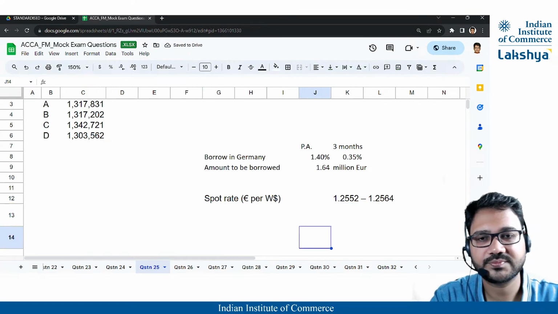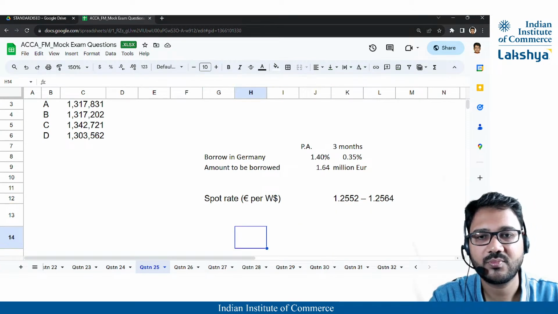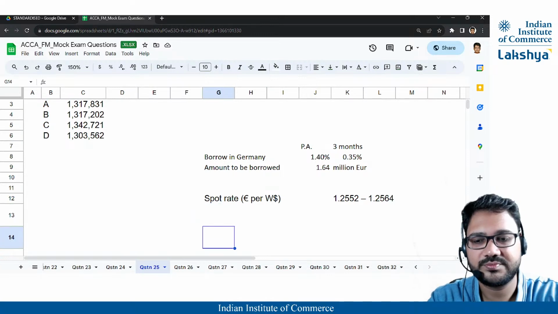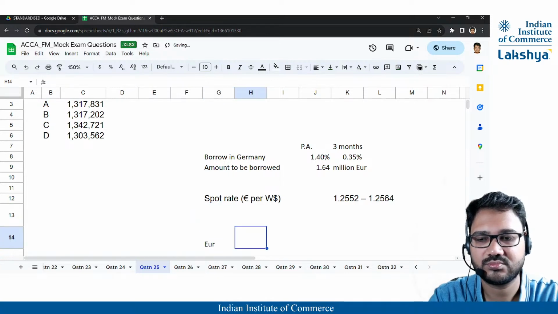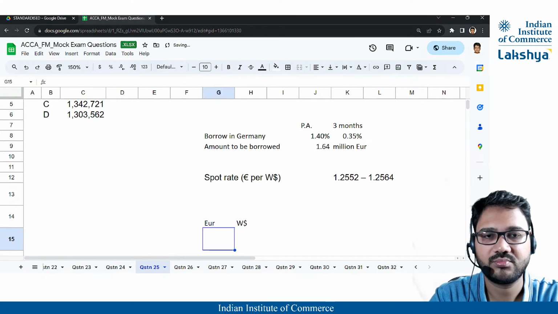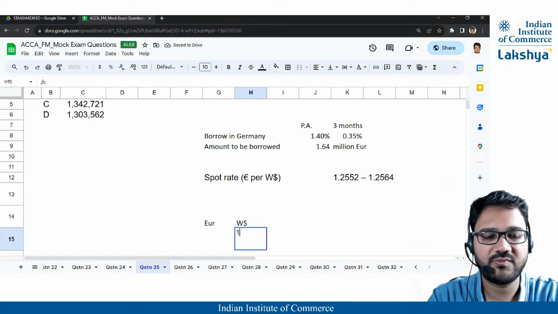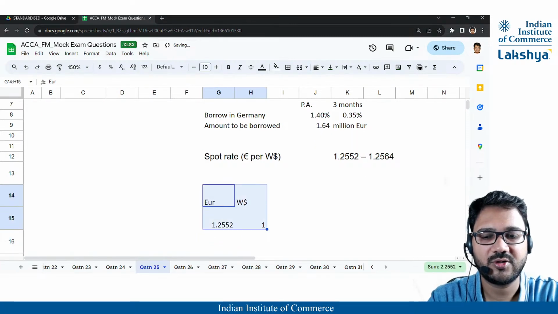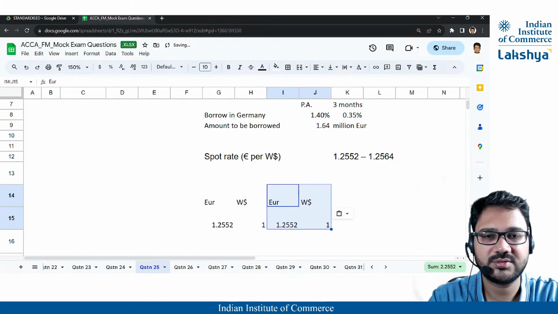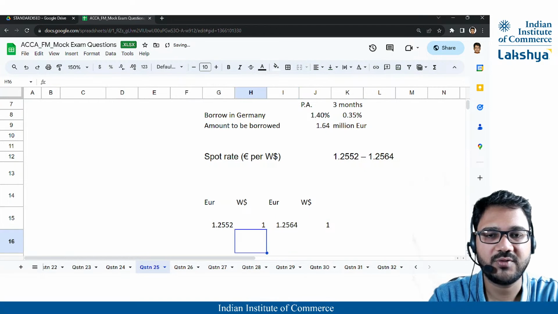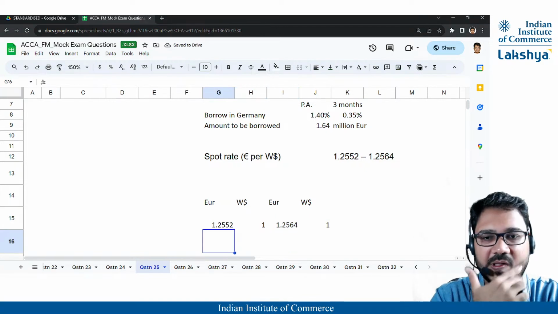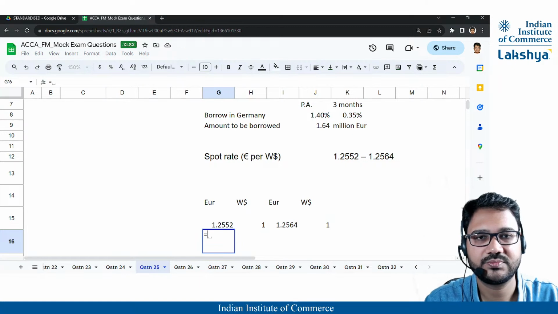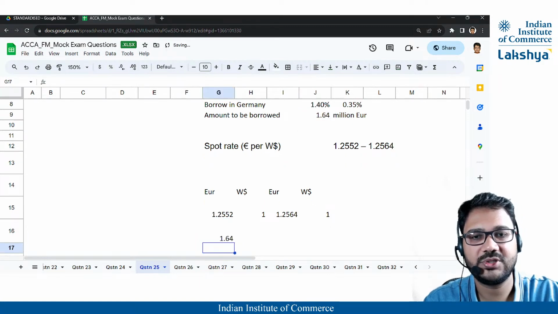Now, say if 1 W dollar is equal to 1.2552, or else it is 1.2564, we are to receive these many euros.